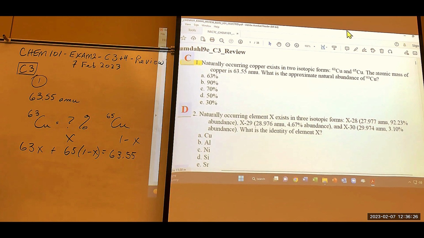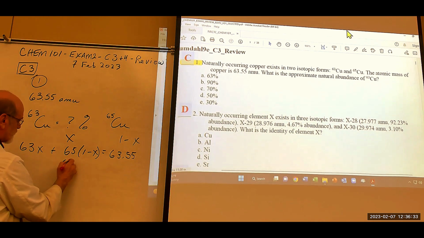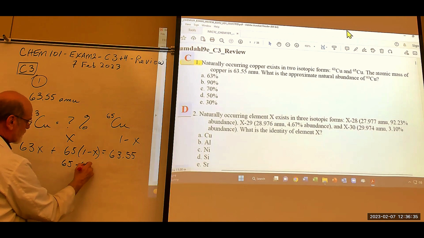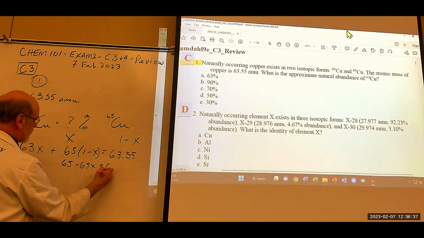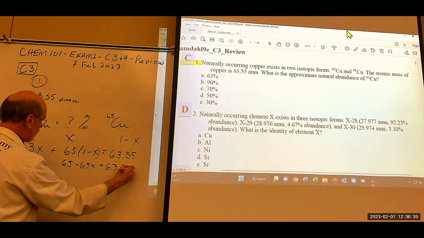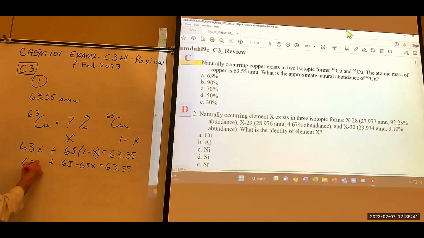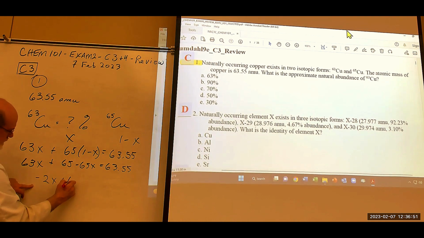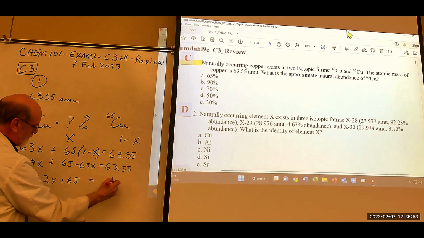We got an equation in one unknown, and we can solve for it. This would be 65 minus 65x, plus 63x. Combine our x values: 63x minus 65x is minus 2x, plus 65, equal to 63.55.